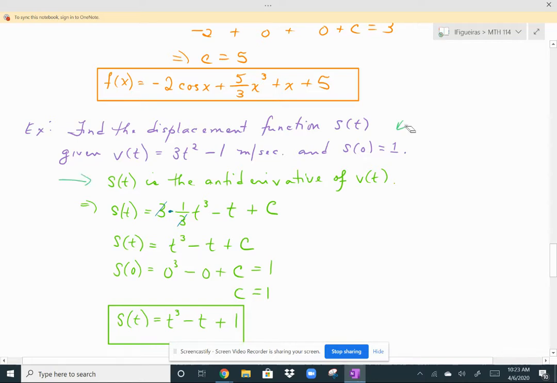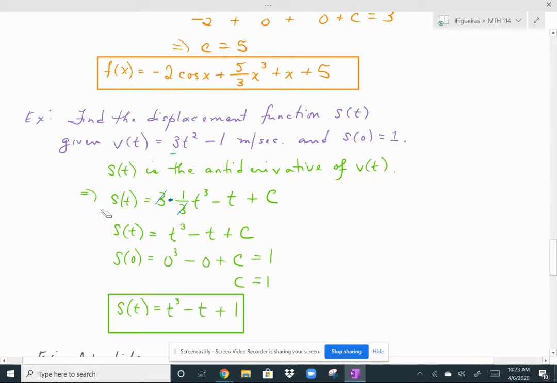So s of t, when you take the antiderivative, that means you add 1 to the exponent, that's where t cubed comes from, multiply by the reciprocal, which is a third, but then don't forget you have this coefficient here. So we end up with what you see in this line here. So we have 3 times a third t cubed minus t plus c. Okay, when you simplify, you get that s of t is t cubed minus t plus c.